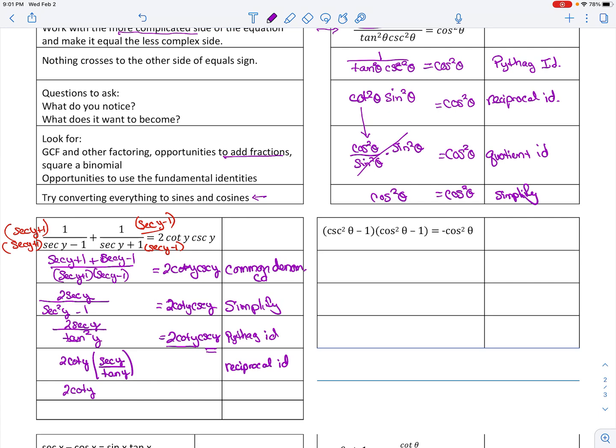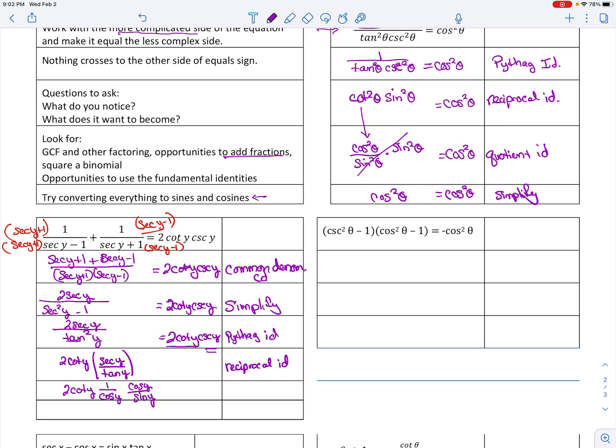The secant is the reciprocal of cosine. So let's rewrite secant of y as 1 over cosine of y. And let's write the 1 over the tangent of y. That's the cotangent of y. Cotangent of y is the same thing as cosine of y over sine of y.